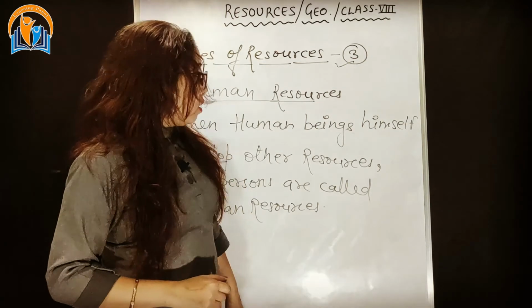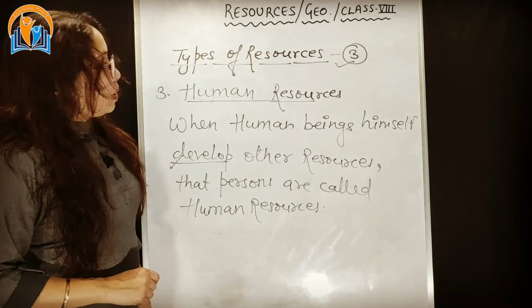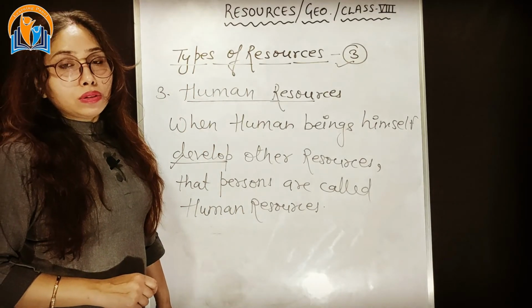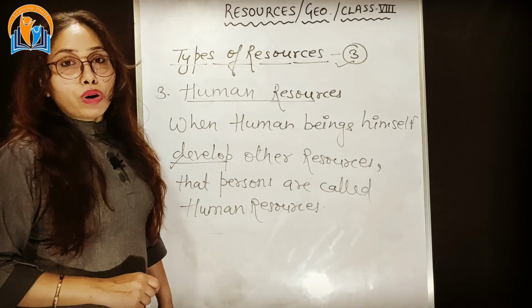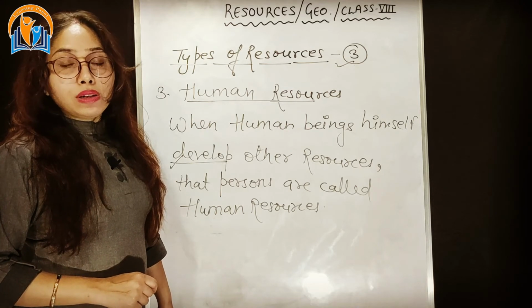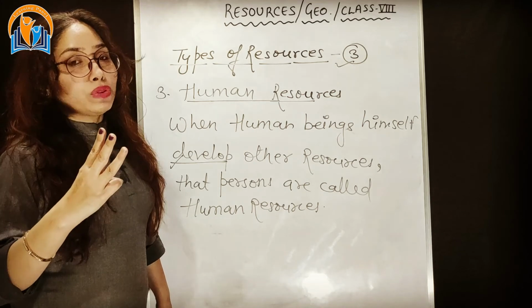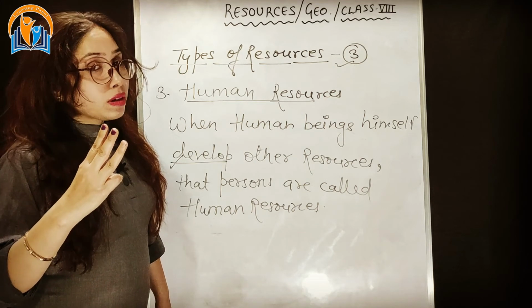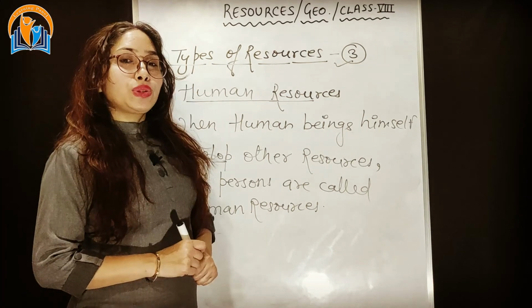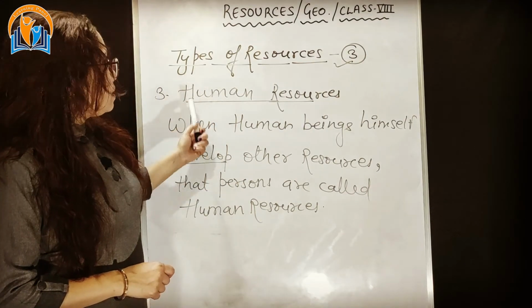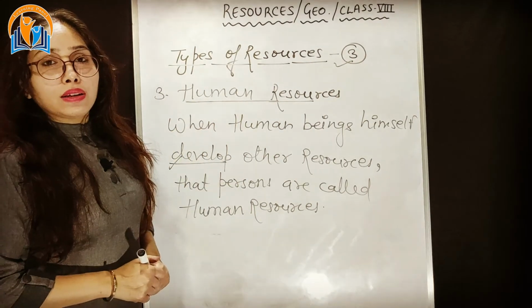So this is the point. So here I have given you 3 types of resources: natural resources, man-made resources, and the last one, human resources. So students, these are the types of resources.